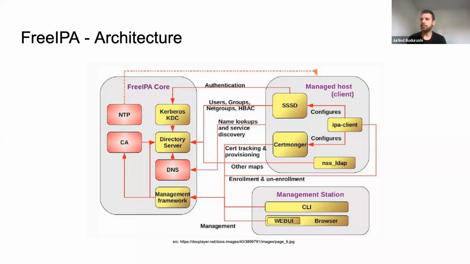With the FreeIPA core, it is meant the FreeIPA server, where you would find, as we just said, the DNS server, the NTP server, the CA service, the Dogtag, and the Kerberos key distribution center. You have the directory server, which is the 389 Directory Server. On the client side, you have the SSSD, the SSS daemon.